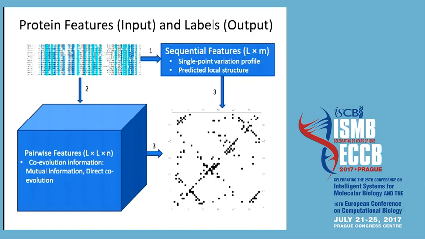We also have pairwise features, including the mutual information between 2 columns in the multiple sequence alignment, and also the direct coupling information between the 2 columns. We feed these 2 types of features into our deep learning model, and it predicts a contact map like this. This is the input and output of our model.